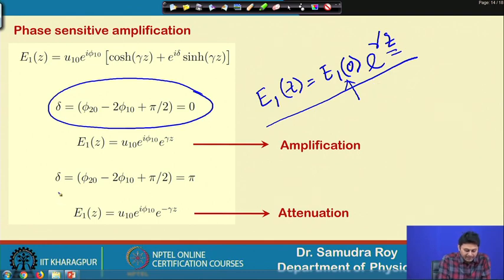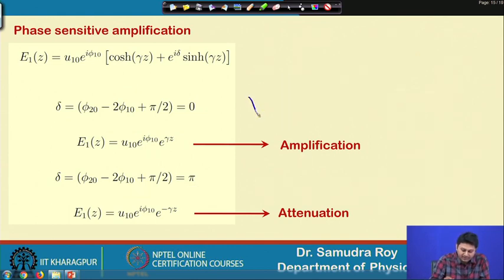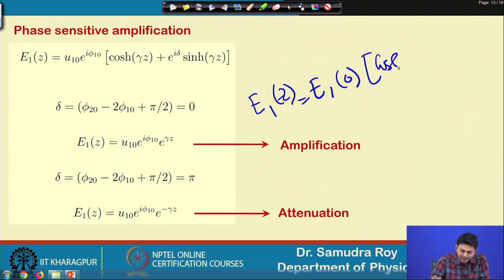On the other hand, if I put delta equal to pi, then e to the power I delta becomes e to the power I pi. So, we will have a negative sign here. We will get this kind of expression: E1 z is equal to E1 0 cos hyperbolic of gamma z minus sin hyperbolic of gamma z.